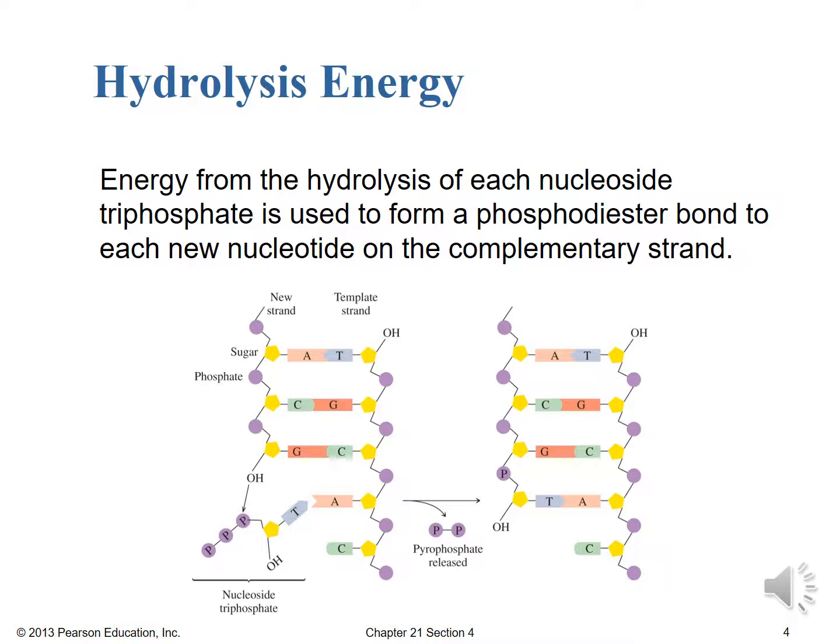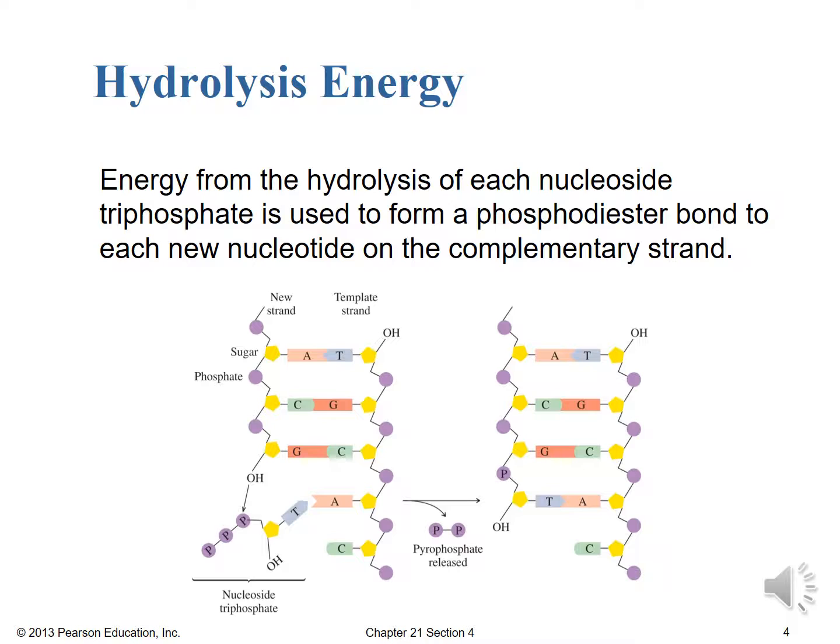Okay, so I mentioned the polymerase is zipping these things up. Well, that's not free, right? Everything requires energy. The way we do that is energy from the hydrolysis of these nucleoside triphosphates in order to form the phosphodiester bond to each new nucleotide on the complementary strand to build that new strand. So there is an energy cost, and we should recognize at least adenosine triphosphate as a familiar energy molecule for us.